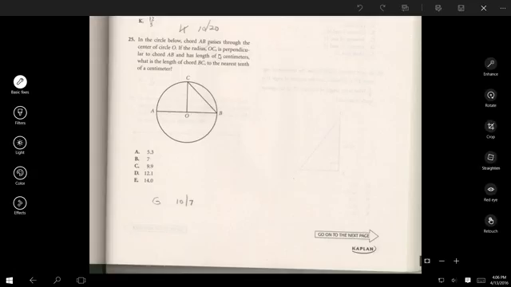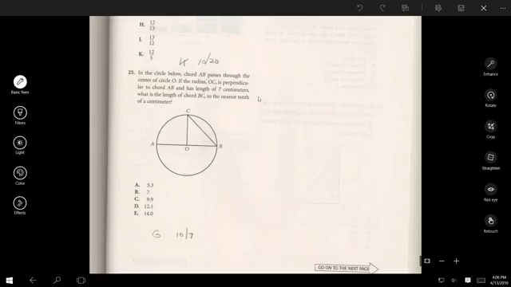The radius OC is perpendicular to AB. Okay, so the radius is 7. What's the length of BC? Isn't it just, I thought it would be the square root of 7, but I don't think that's right.